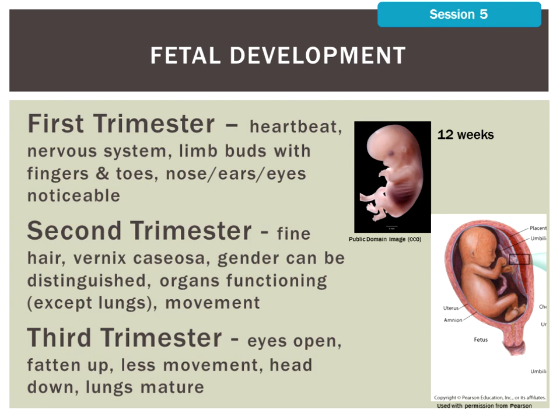They will start to move less, only because they're running out of room because they're getting so big. They will move to a head down position so that they can get ready for birthing. And the lungs are going to get to a point where they will be able to function properly once the baby is born. So those are some of the major things that are happening in each of the trimesters.